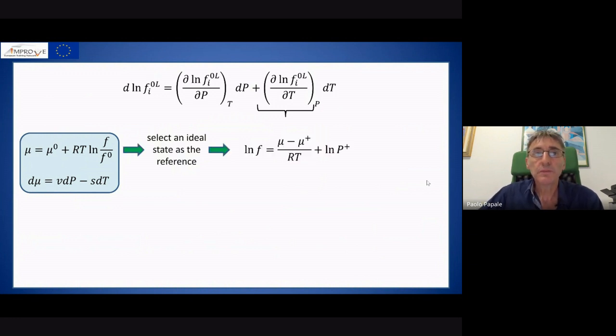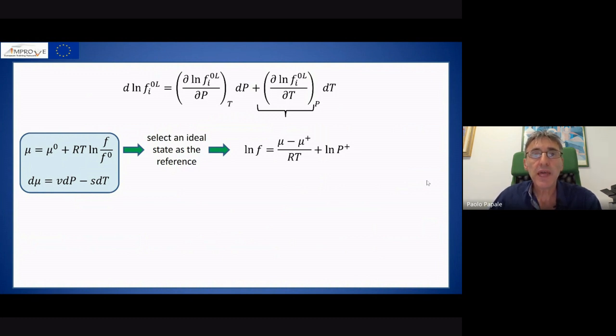First, we obtain the logarithm of fugacity from the expression of the chemical potential and select the reference state so as to correspond to a condition where the system behaves as ideal. The superscript plus here refers to ideal conditions.